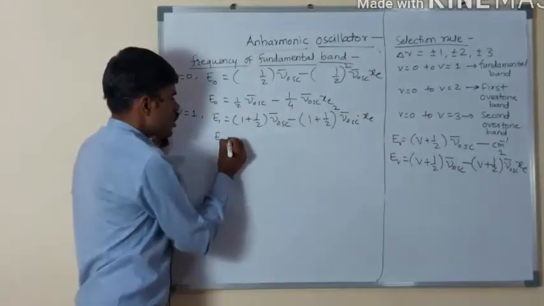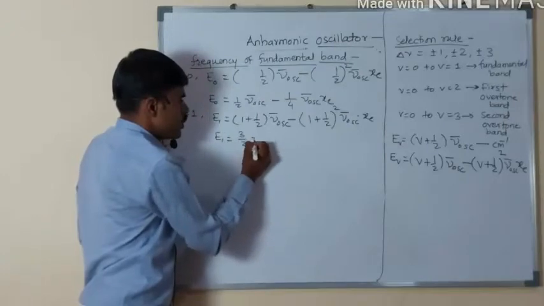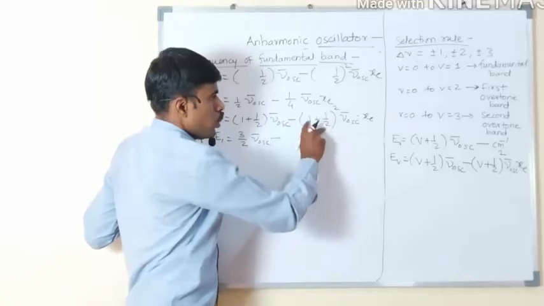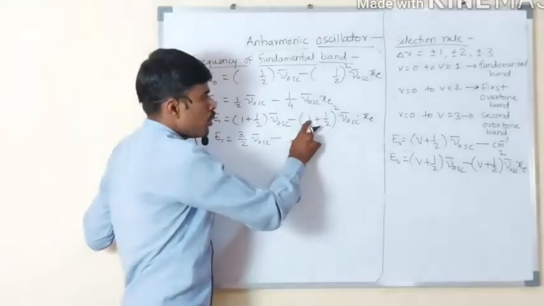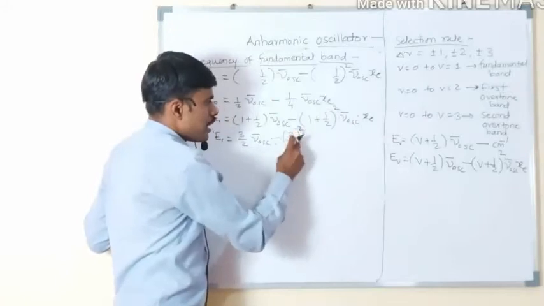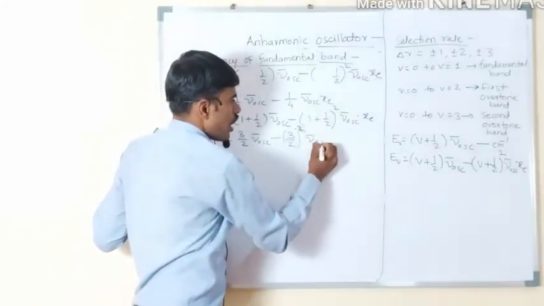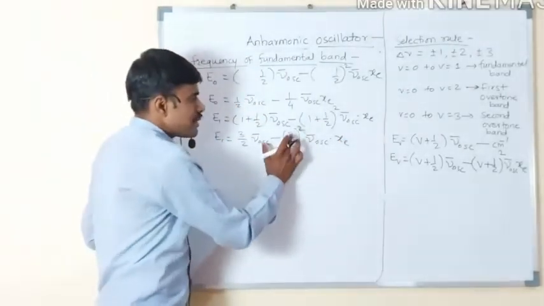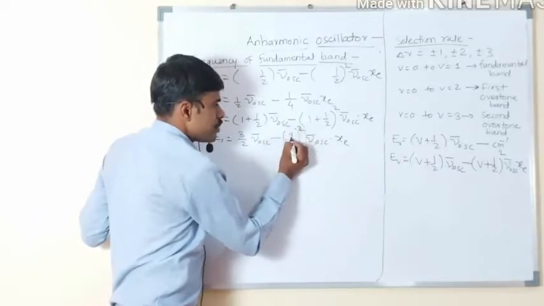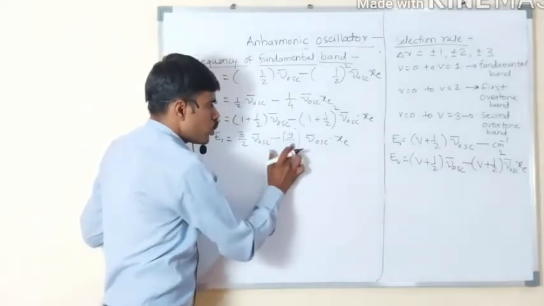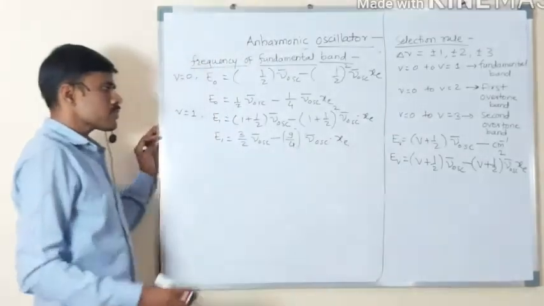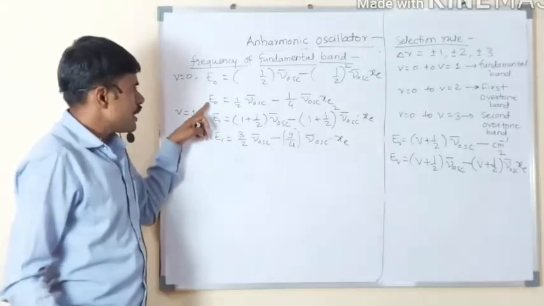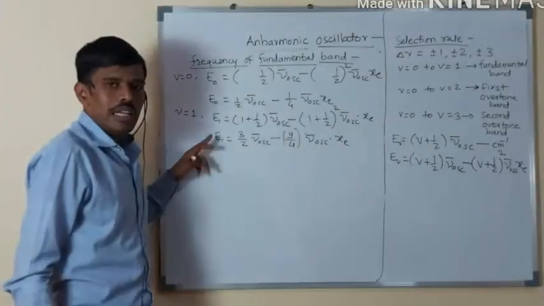So E1 is equal to 3/2 nu bar of oscillation minus (3/2) squared times nu bar of oscillation into Xe. The square of 3 is 9, square of 2 is 4. So this is the value for E0, this is the value for E1.